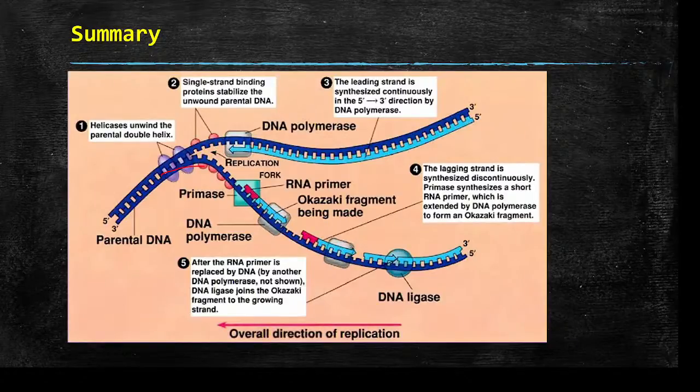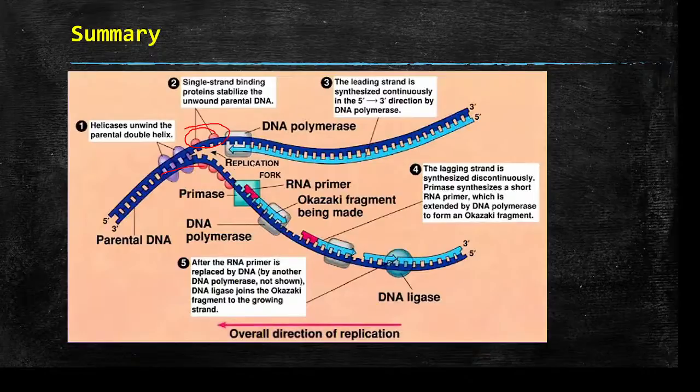The first step is unwinding to create the replication fork, so that the double helix is unwound. Then, on the single strand DNA, the RNA primer will be added at a suitable place.